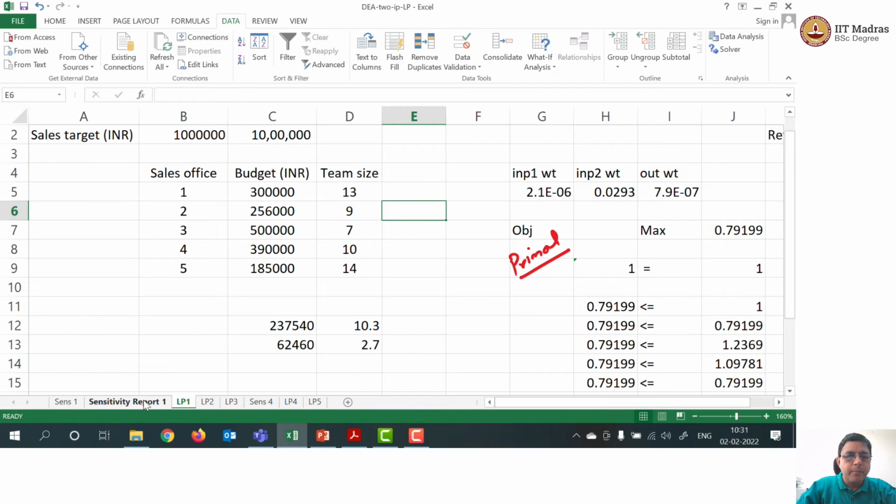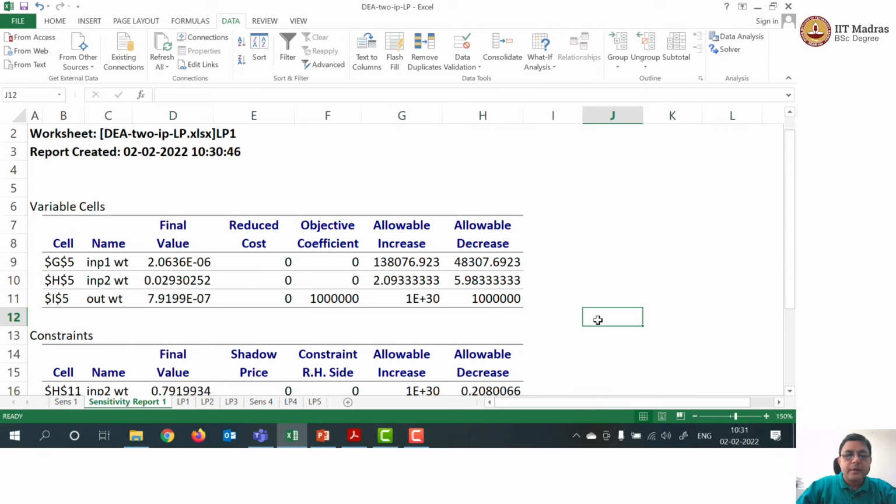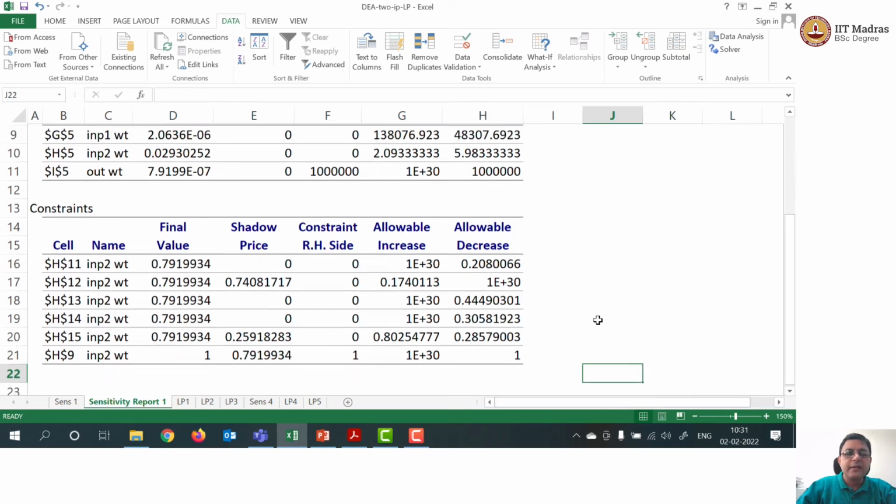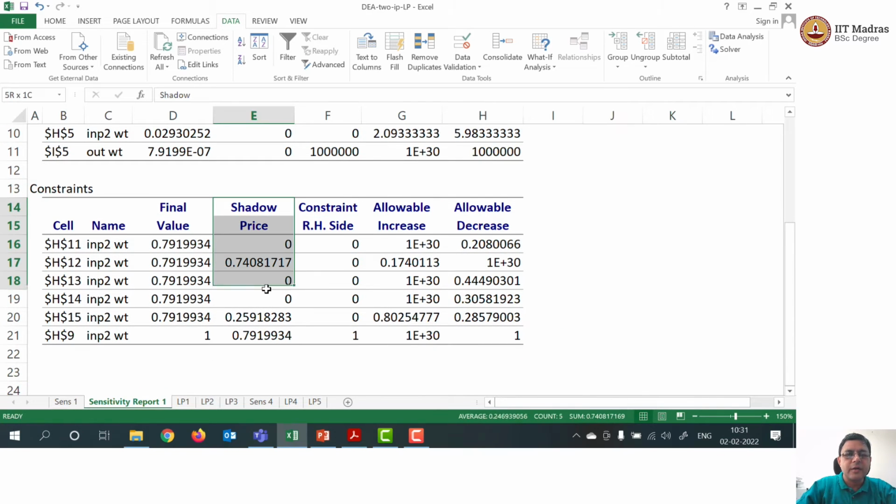Now you look at the bottom table and look for what are called shadow prices. Shadow prices are the values of your dual variable. Now, what was H9?